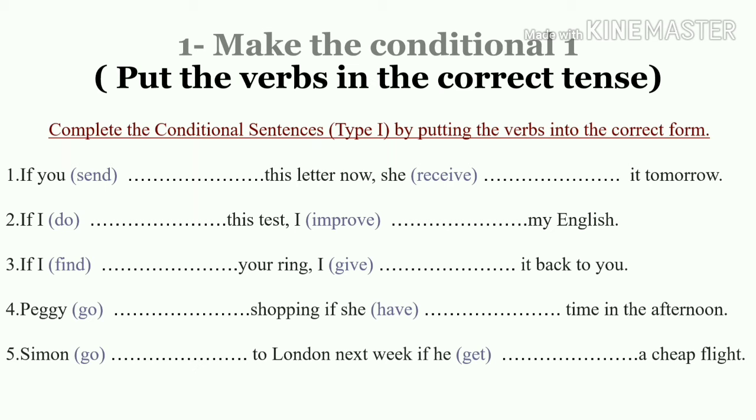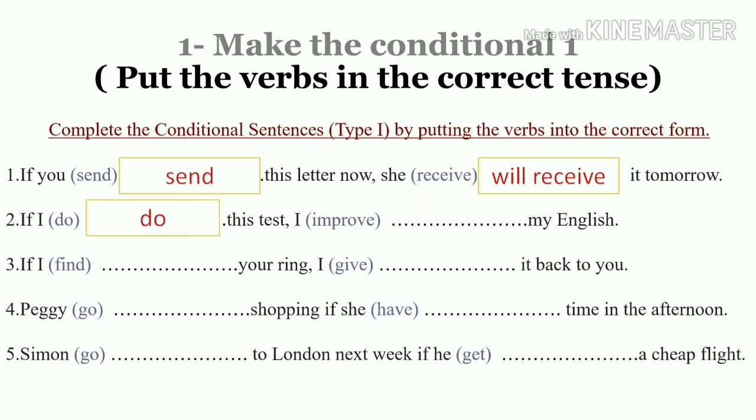If you send this letter now, she receive it tomorrow. You have the time indicator tomorrow, so you may guess which tense we will use. So if you send this letter now, she will receive it tomorrow.